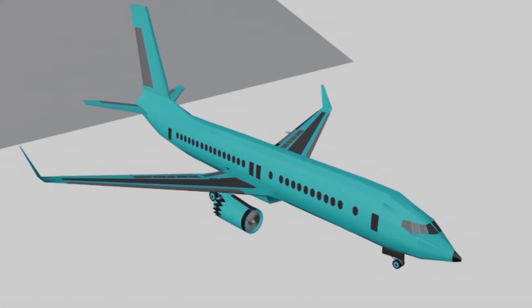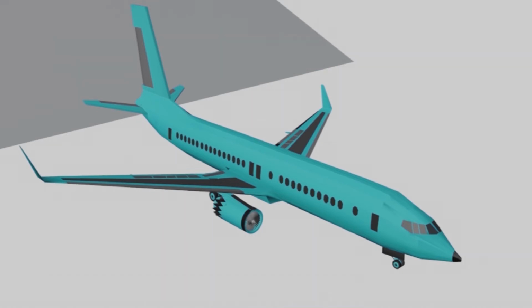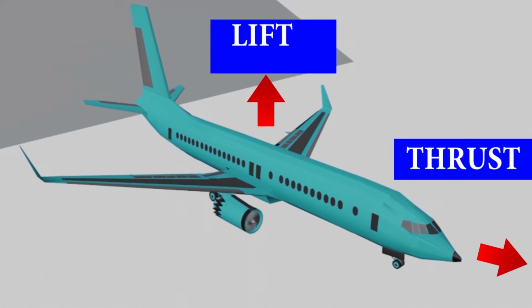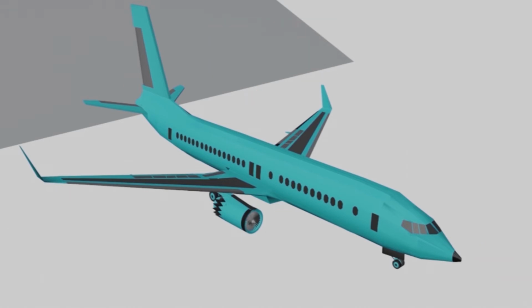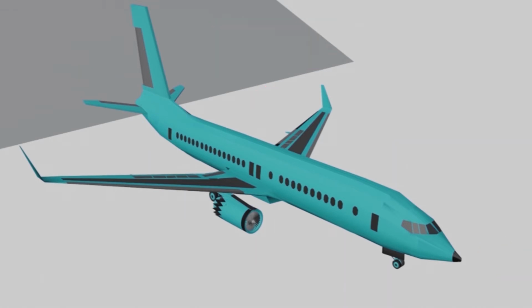This remains true as of Newton's third law, which states that for every action of force, there is an equal and opposite reaction force. When all forces are balanced, the state of the aircraft is a steady and level flight. When the plane goes upwards, therefore, lift and thrust are more than weight and drag. The opposite happens when landing, i.e., weight and drag are more than lift and thrust.